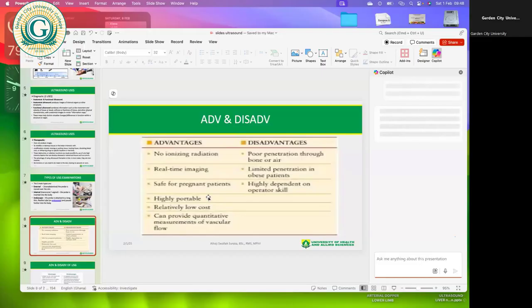Then, of course, we move on to some of the disadvantages. Some of us may be aware that ultrasound is limited by penetration. Because we are using sound, and sound has a region it can travel to, and also has mediums it travels best in, it is limited by our bodies.